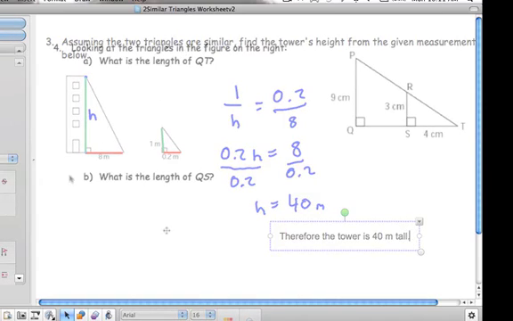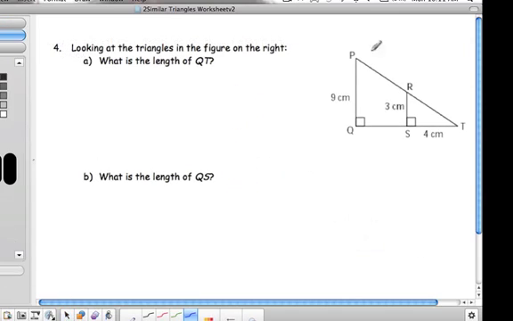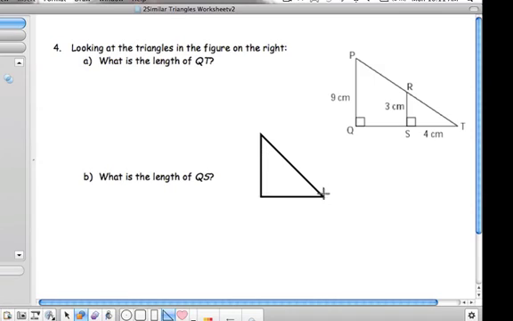All right, in this one we have two similar triangles contained within one another. And if I draw the two triangles separately, this is more or less what they look like. So we'll say this is the larger one, there's our smaller one. And we'll put on our labels here. So in this one it's 9.